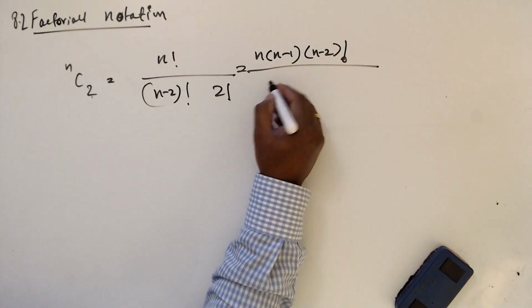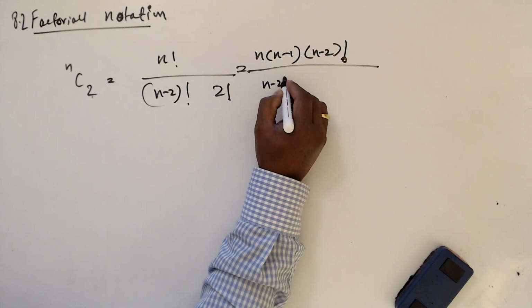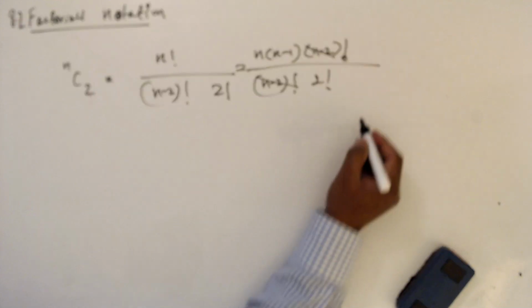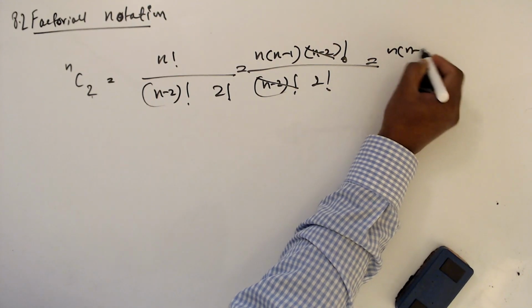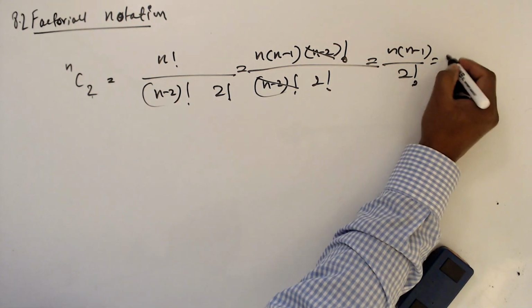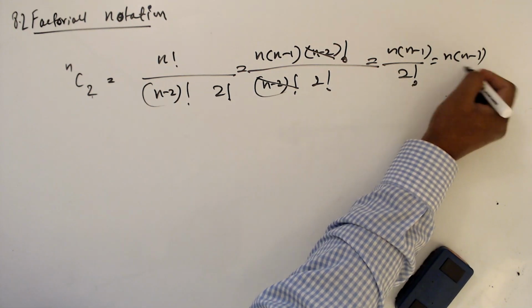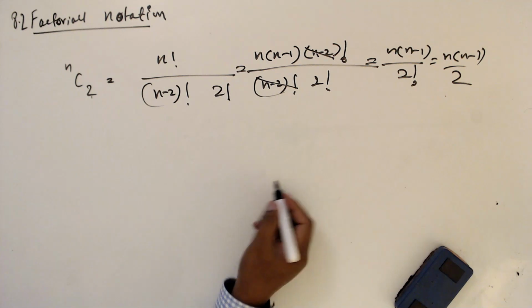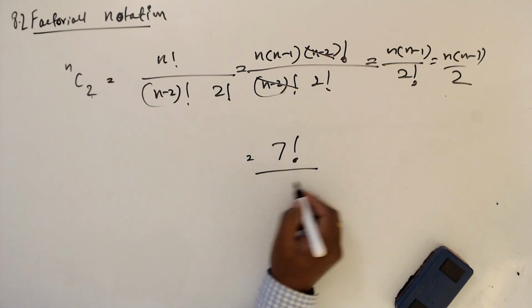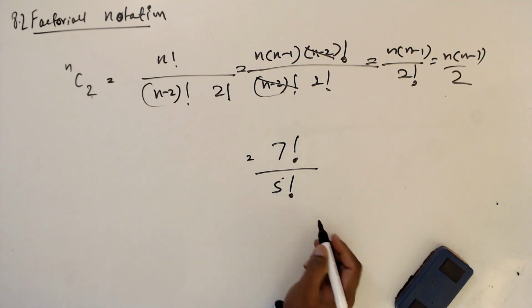So then this is going to be n minus 2 factorial and factorial 2. This cancels out. And this is n times n minus 1 over factorial 2, which is n times n minus 1 over 2. This is the same as factorial 7 here, divided by factorial 5.